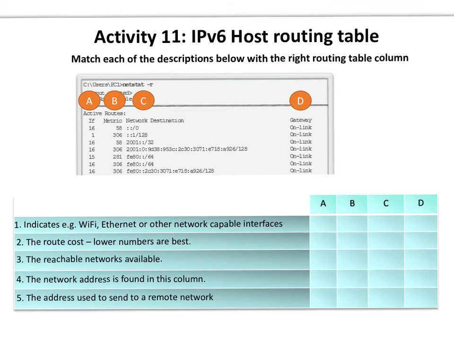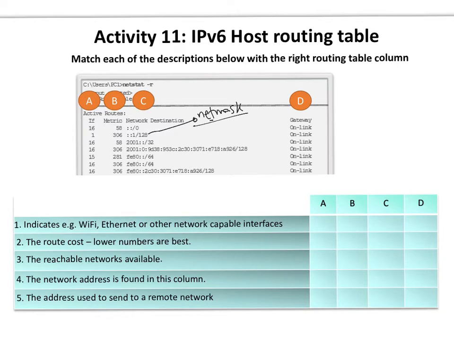We will talk about this in detail in the next chapter, but for now, this is how the reachable network could look. One difference here is that this column combines two columns from the previous host routing table, because this slash number here indicates that this is actually the net mask.